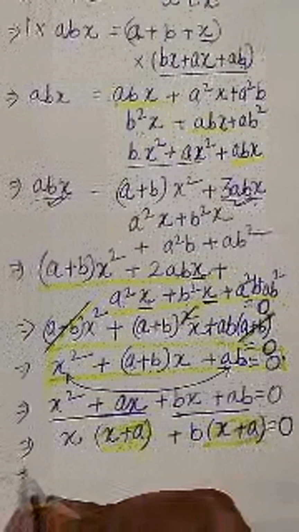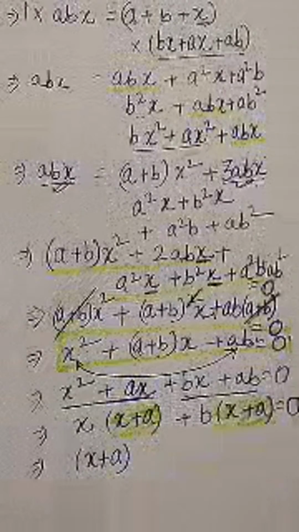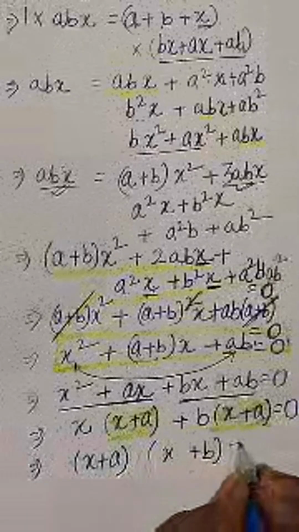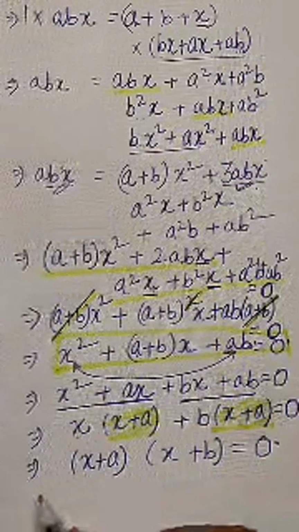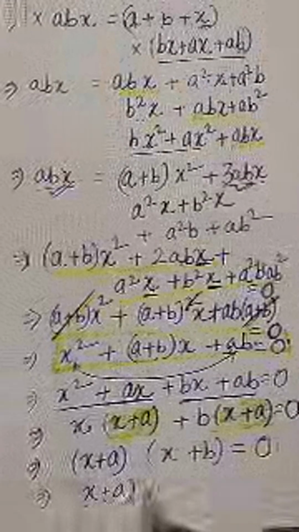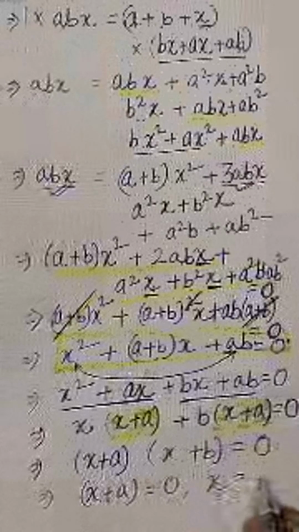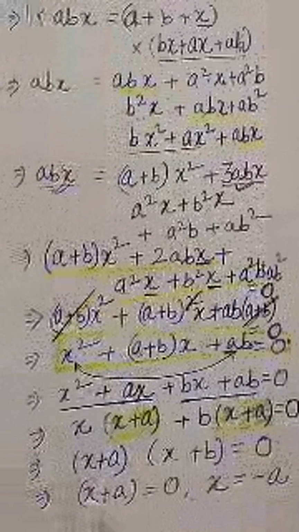So this will show you x plus a taking as common, right? And we are left with x plus b, and all this is equal to 0, right? And when we equate x plus a with 0, we get the value of x as minus a, right?